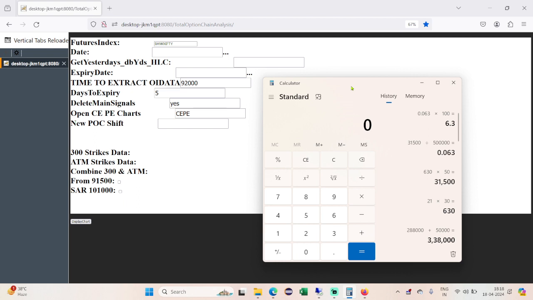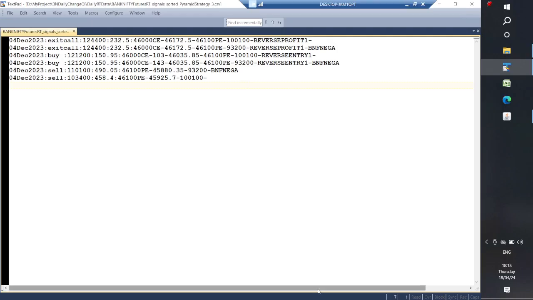So guys, this is what I wanted to say about my trading system signal generator. I hope that I have covered many points: the obstacles faced by bank options buyers, the advantages of having a stable signal generator that gives reasonable returns, and to whom this particular system is suitable.